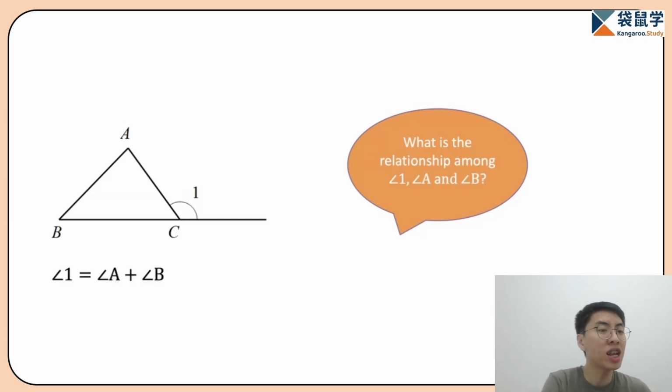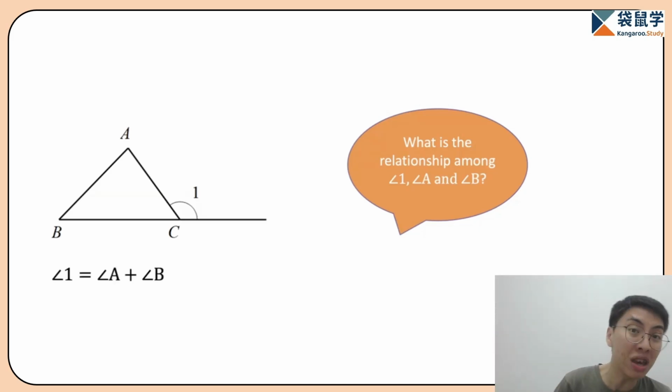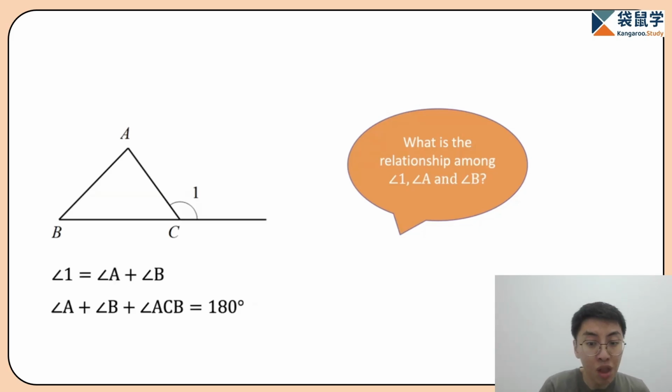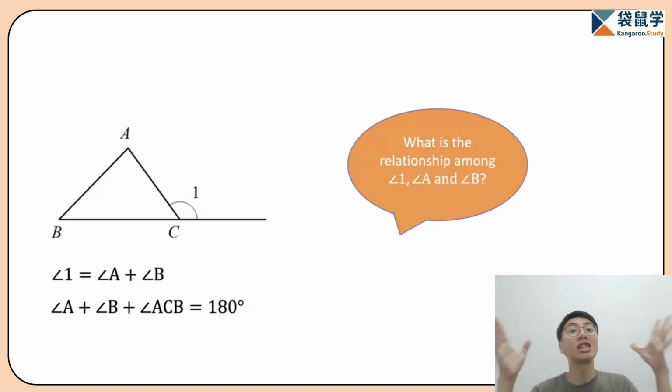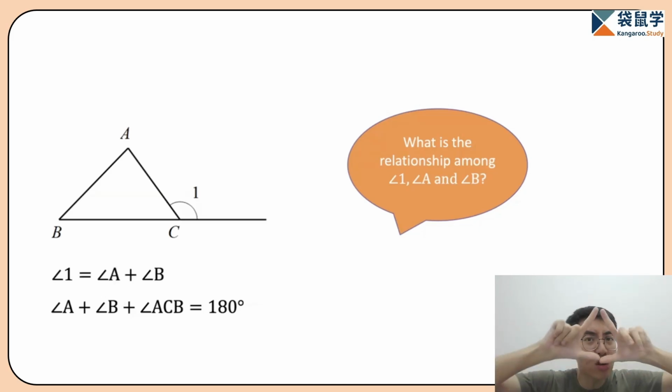So if you have written it down, you will know that angle 1 is just the same as angle A plus angle B. Why is that so? Well, we can see that angle A plus angle B plus angle ACB over there gives me a total angle of 180 because it is the sum of the angles inside the triangle.